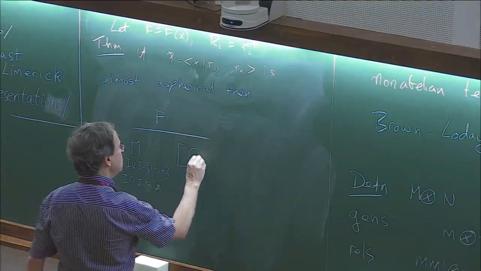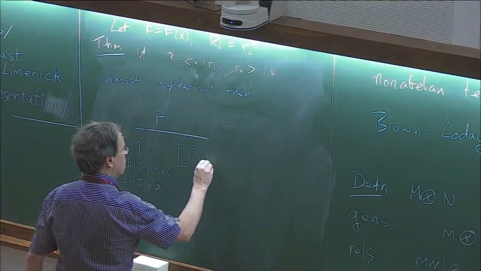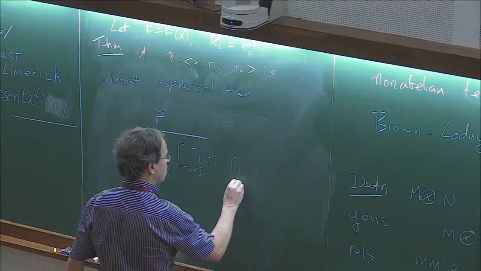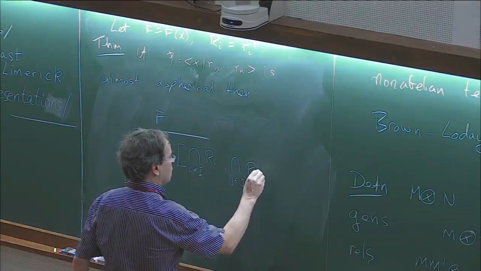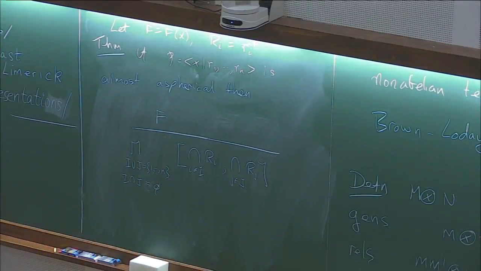I'm going to take the intersection of all the Ri's, the intersection of all the Rj's, take the quotient, and I'm going to look at that.